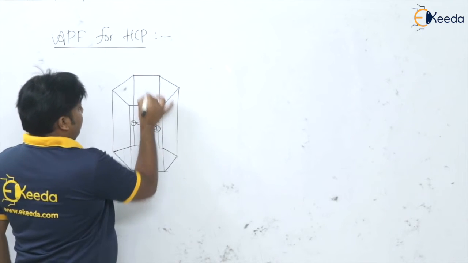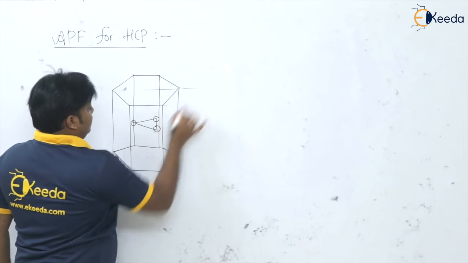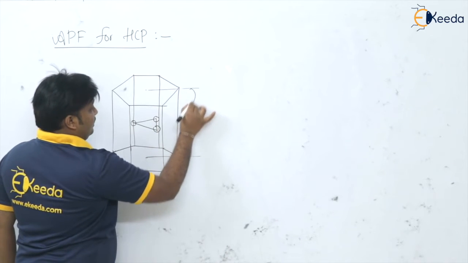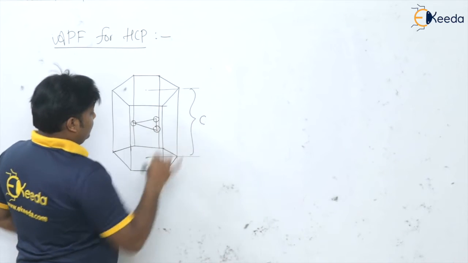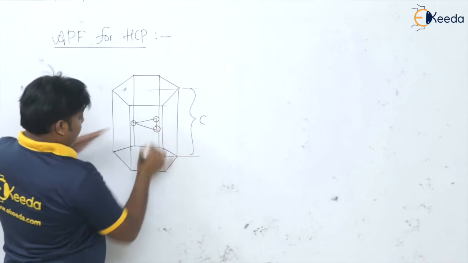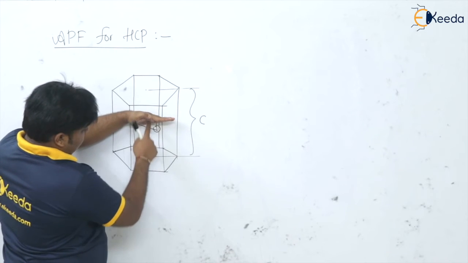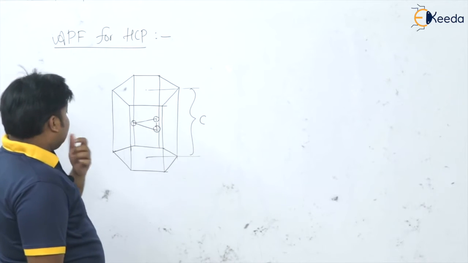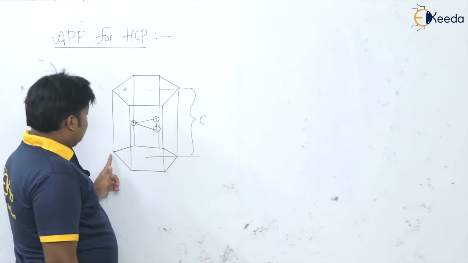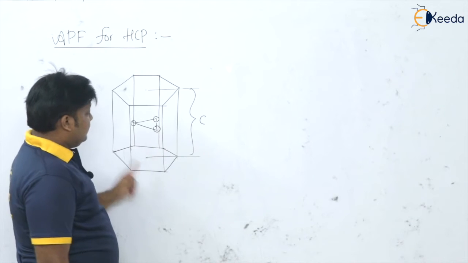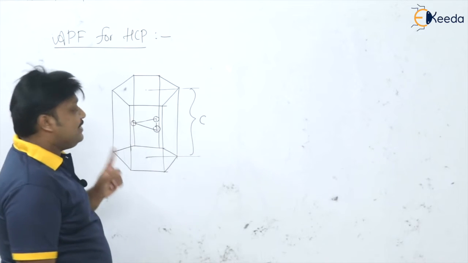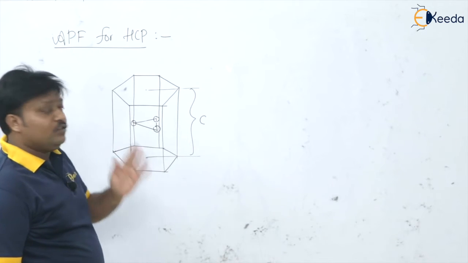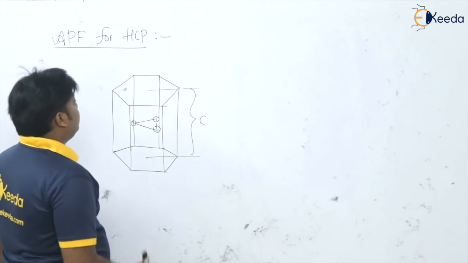If the total height, that is the distance between the two basal planes, is c, then this will be half, from here to here c by 2, and from here to here c by 2. And we know that the distance between each atom is equal to a. Here a is equal to b, but it is not equal to c, as we have seen.